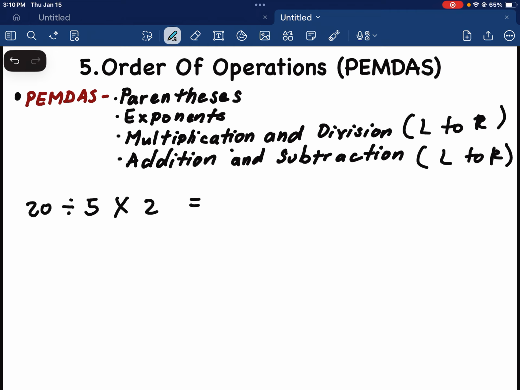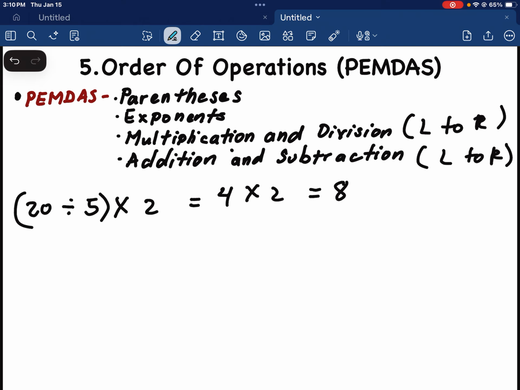Since we have to follow the rules, which is left to right, now we have to divide first. So that will be 20 divided by 5 is 4. And now we have to multiply the 2. Now the answer is 8.